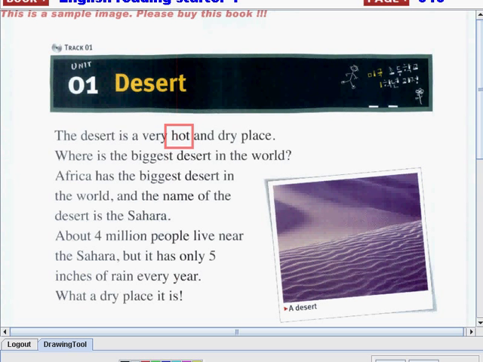Vast expanses of sand, soil of reddish-brown color, a sky of brilliant blue, very few plants, cacti, spiny leaves, and camel is the only animal that they can think of. And those things are true.